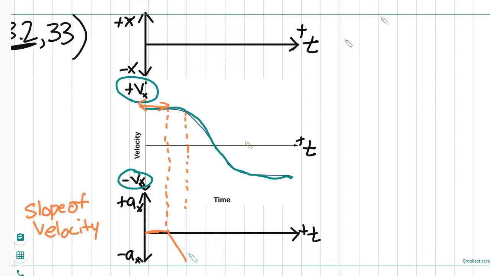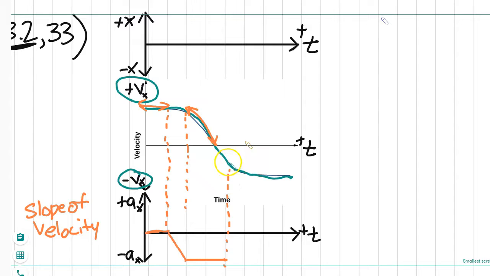Does everybody see how I'm getting that? And then at this point, the slope is negative, but it's roughly constant. Do you see that? And that happens for a while up until about here. So the acceleration's negative, but it's roughly constant. So let's go like so. Negative but roughly constant. There, okay.